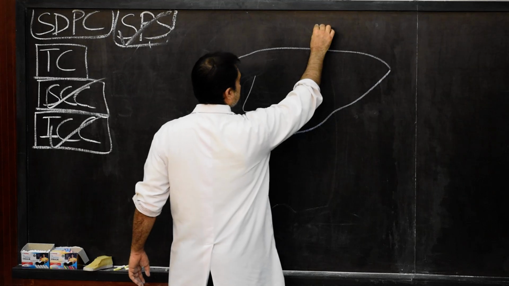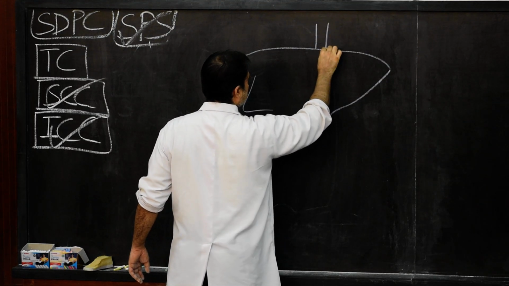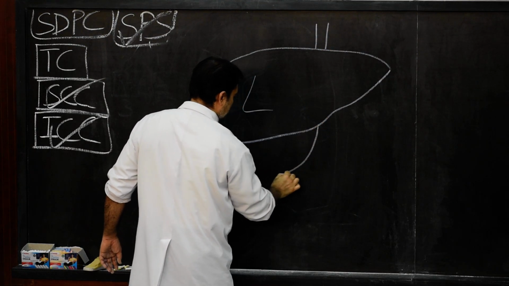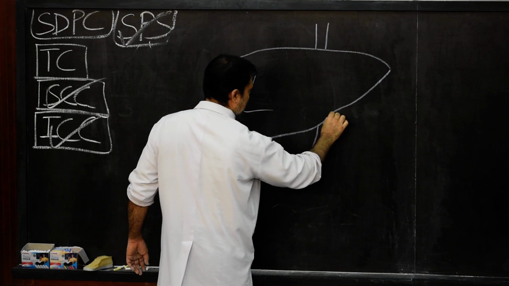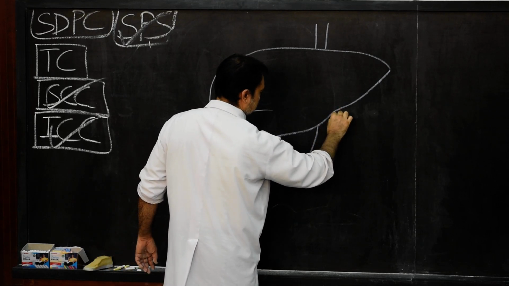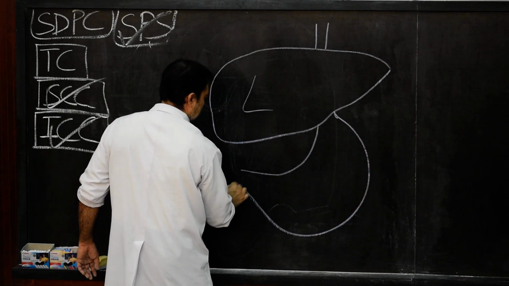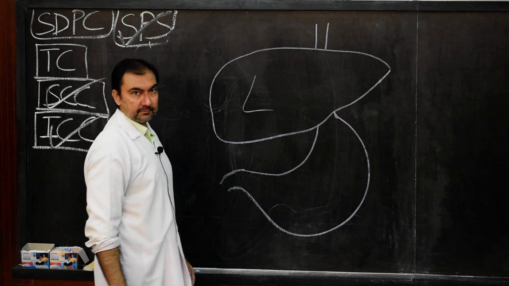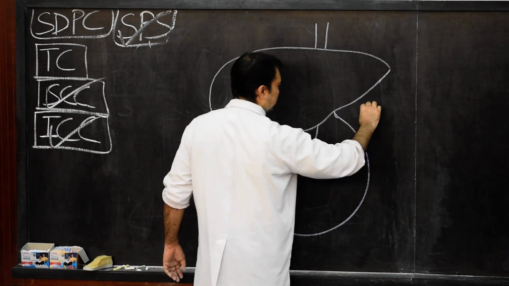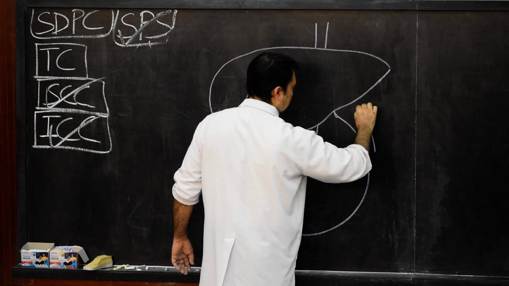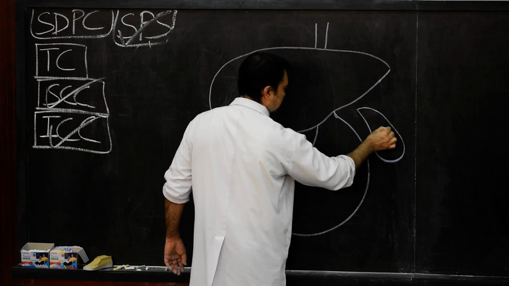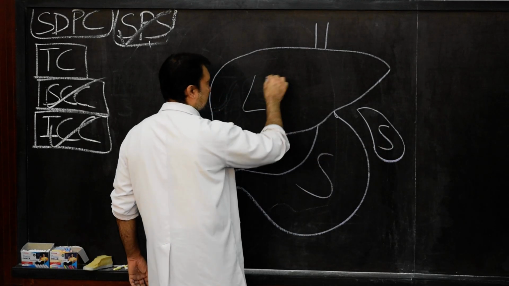Similarly, here we will show the esophagus, and here the stomach and the duodenum. And over here we shall show the spleen. So spleen, stomach, liver.